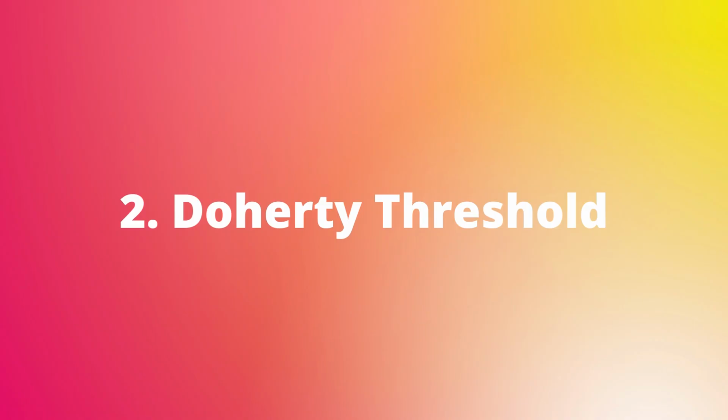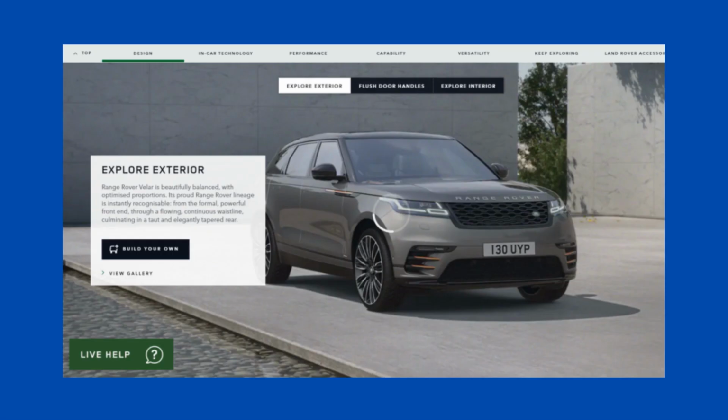2. Doherty Threshold. Productivity soars when a computer and the users interact at a speed that makes sure neither has to wait on the other. Digging deep into this Land Rover product, I found another interaction where the law of Doherty Threshold was used. The Explore Exterior tab, a 3D rendering of the SUV, took a few milliseconds to load. Though the wait was negligible, the loading gave me the assurance that the render would be soon ready to explore.